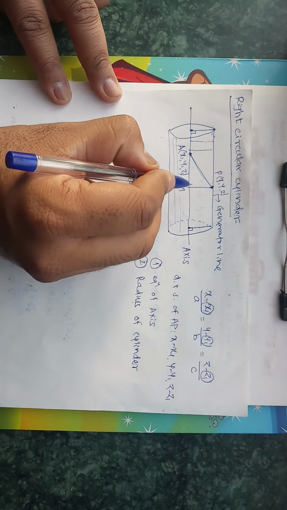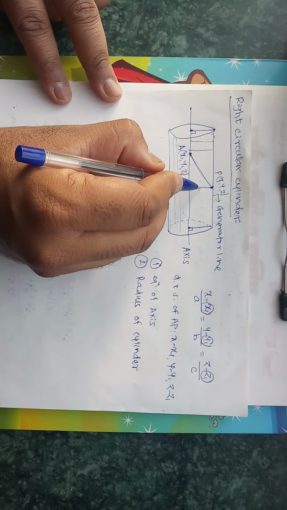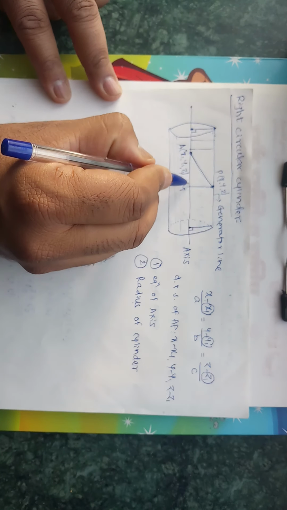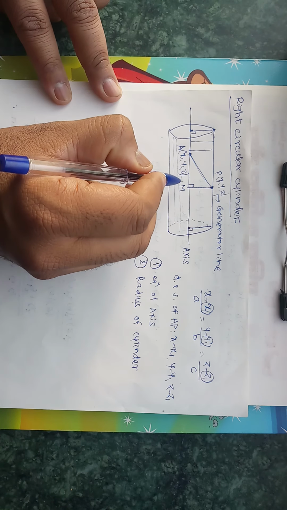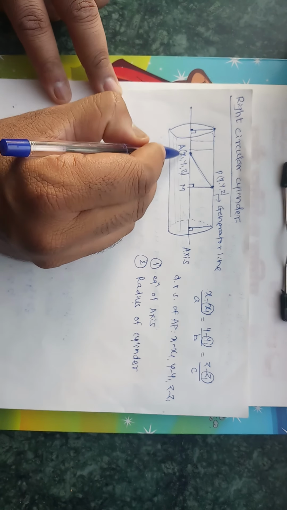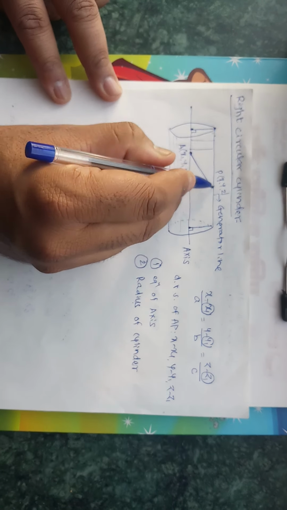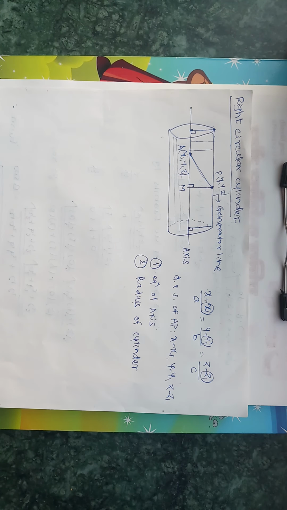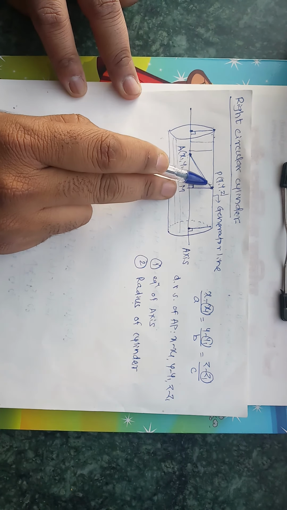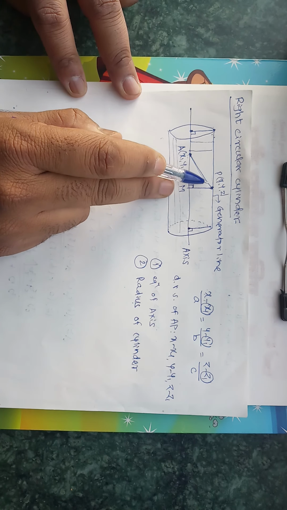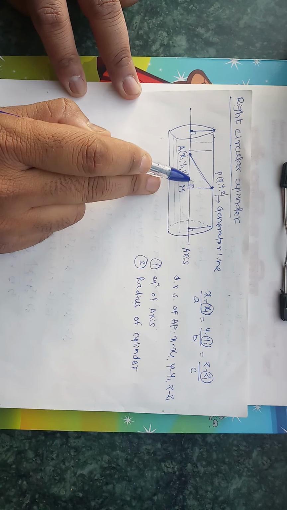So obviously we have to draw a perpendicular from the point P on the axis. No doubt, this is the right angle. Then this completes the right angle triangle AMP as shown in the figure. If there is a right angle triangle, then I have to use the Pythagoras theorem. The hypotenuse is AP here, that is in front of the right angle.